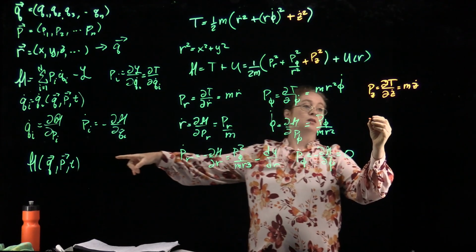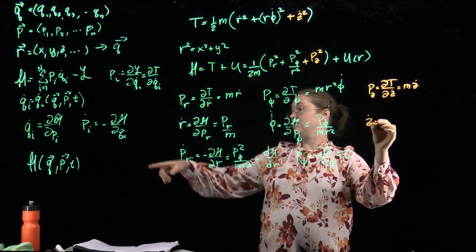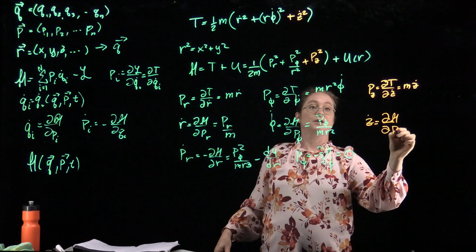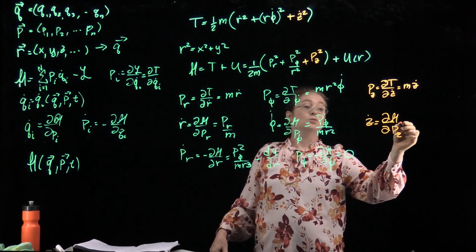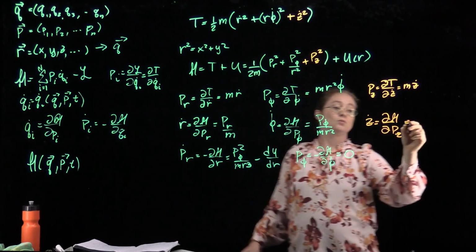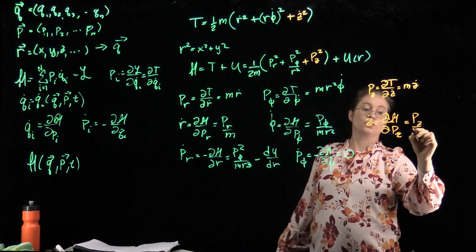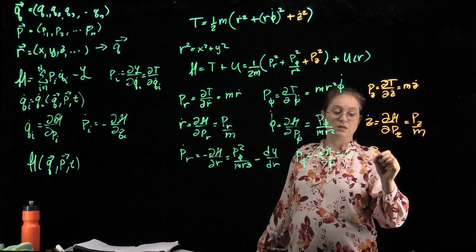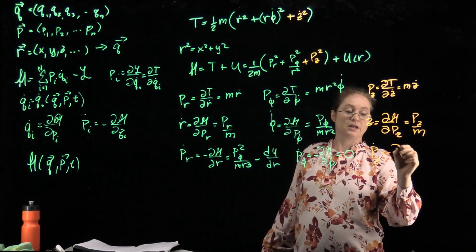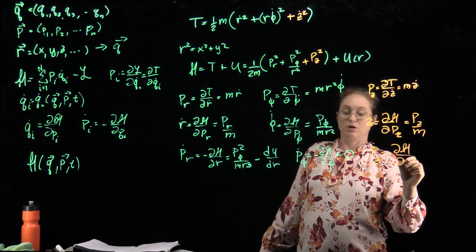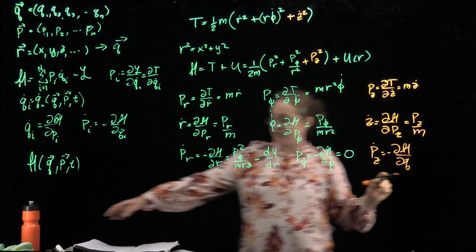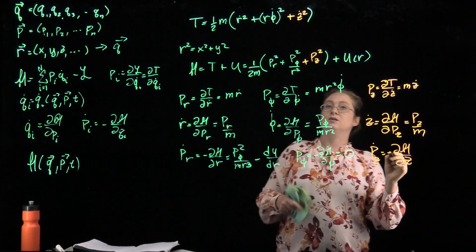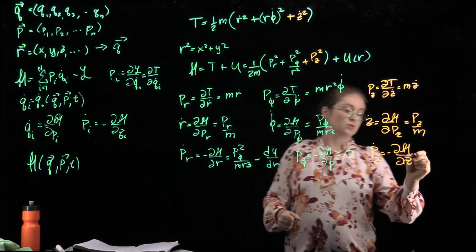So here, z dot equals partial h partial pz, which is pz over m, nothing terribly surprising there, and pz dot is negative partial h partial z, and there is no explicit z dependence on the Hamiltonian, so this is 0.